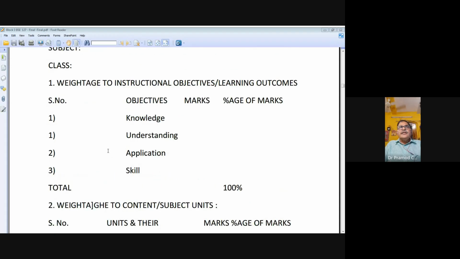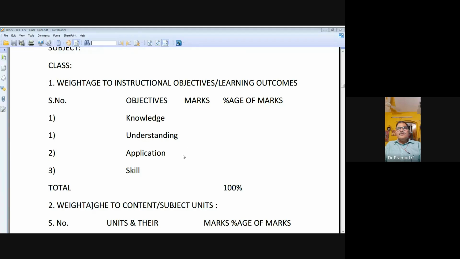Here on the screen you can see that number one is the weightage given to the objectives, meaning instructional objectives. Instructional objectives means the learning outcomes. Learning outcome means what learners have gained after teaching, and you will have to take that into consideration. The objectives here are knowledge, understanding, application and skills.